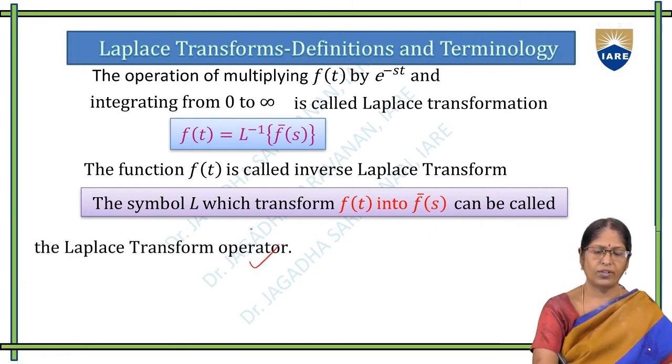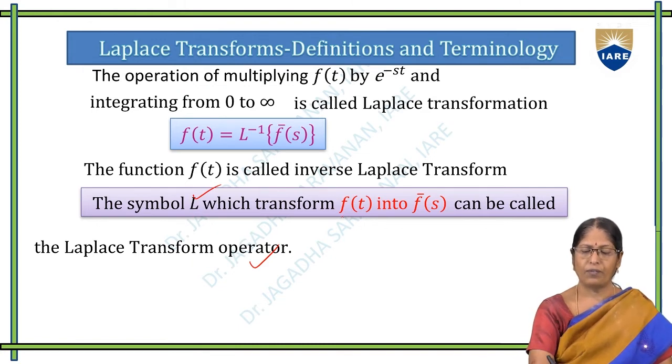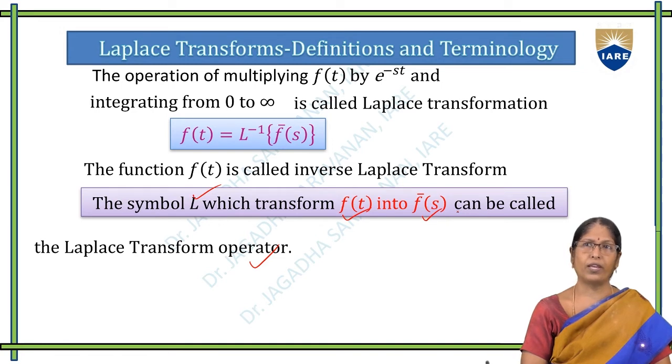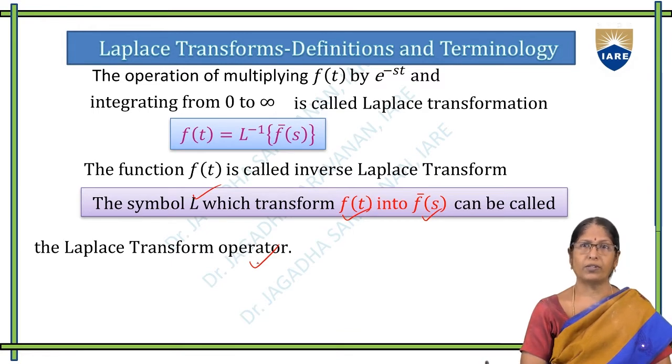So this capital L, the operator which converts f of t into L of f of t, is nothing but f bar of s, and we call it the Laplace transform operator.